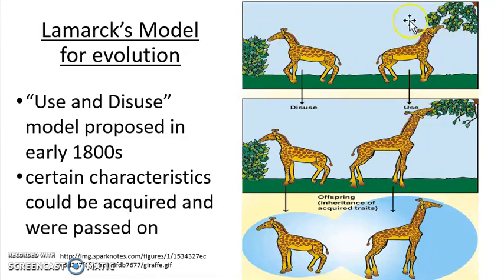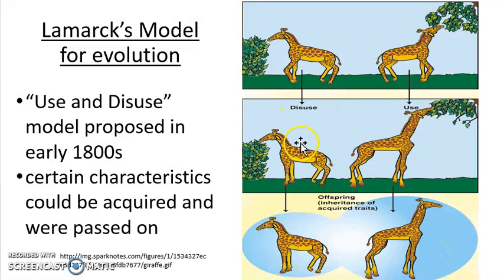But the ones on the right side were using higher up plants, and because they were stretching out, they started to acquire certain characteristics. In this case, they acquired a much longer neck. His model for evolution is that this trait acquired during their lifetime would get passed on to their offspring.